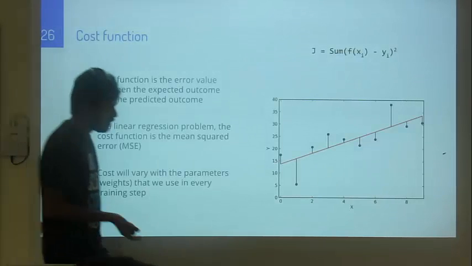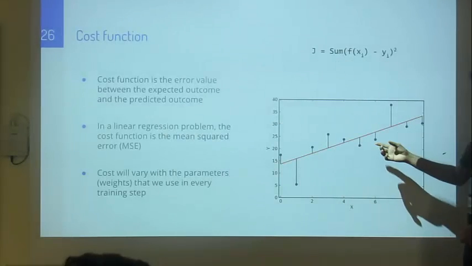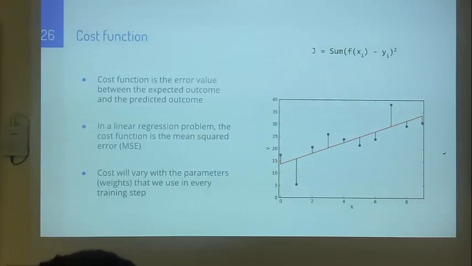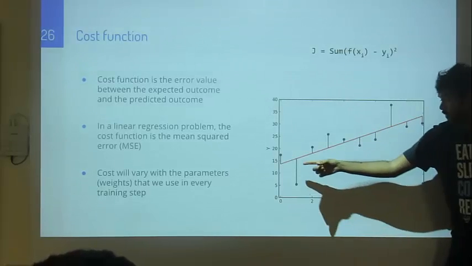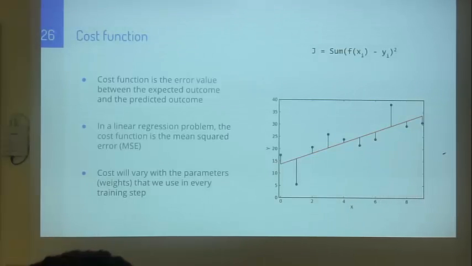You can see a red line here. We have some data points in our graph, and we have a red line drawn here. The distance from each data point to that line is a cost, an error.